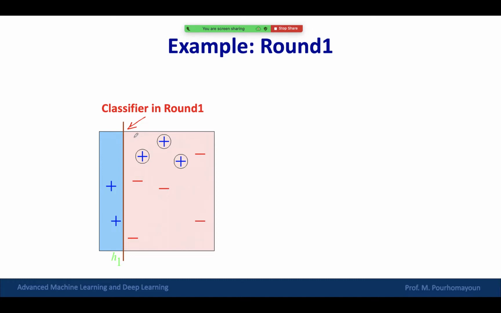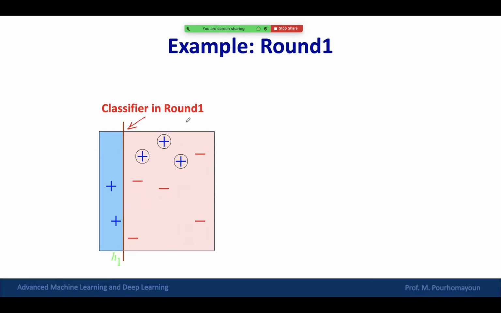The art of ensemble learning, especially boosting, is that it lets us develop the most accurate machine learning models using the combination of the simplest classifiers. Okay, so we start with a line, only a simple line.